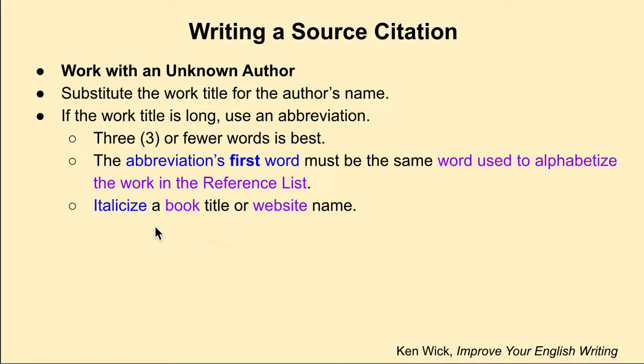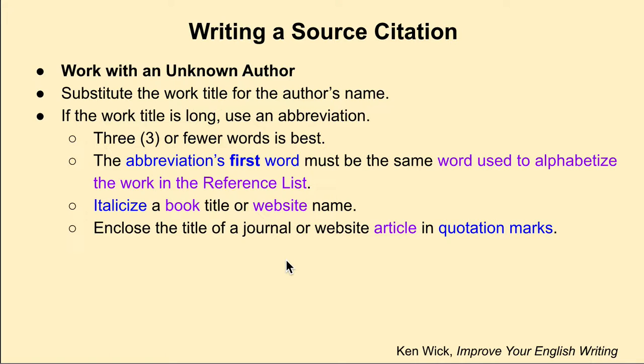You want to italicize a book title or website name. And you enclose the title of a journal or website article in quotation marks. So for example, if you had an unknown author and it was a book called Strengthening Youth, you'd write Strengthening Youth in italics because it's a book, comma, the year.